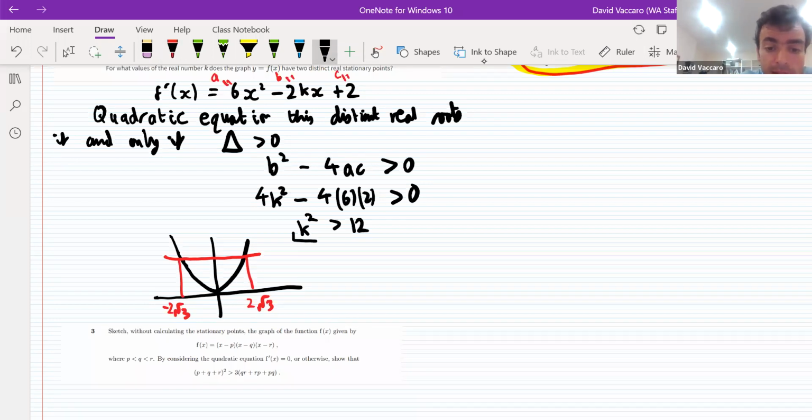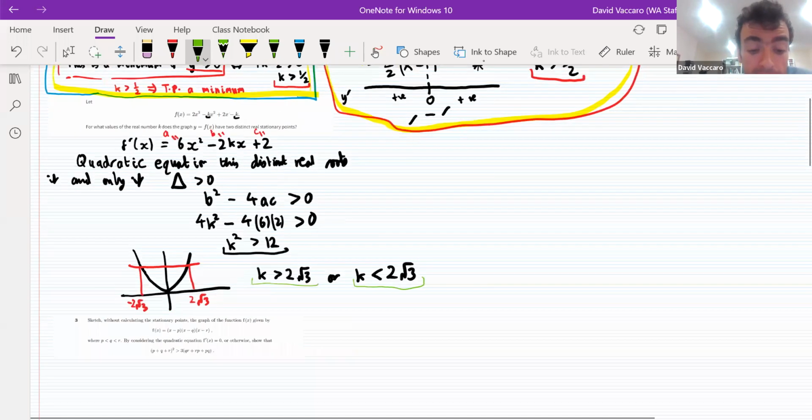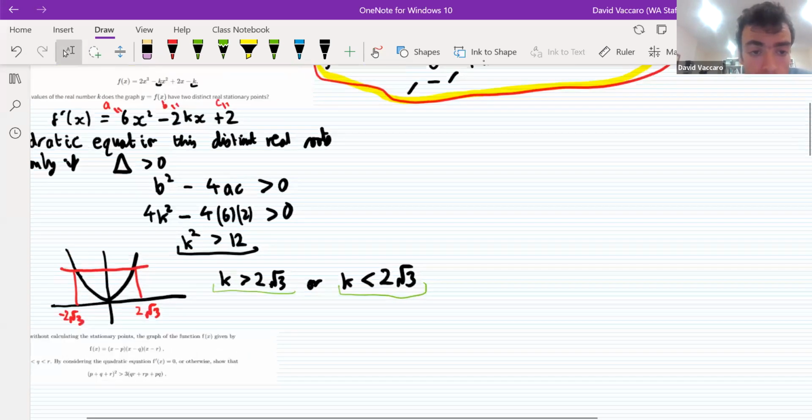So k squared is bigger than 12 if k is bigger than 2 root 3 or k is less than negative 2 root 3. Okay, I appreciate I did that question very quickly.